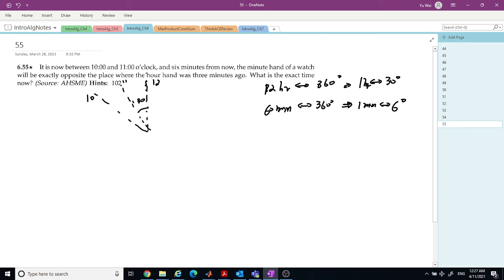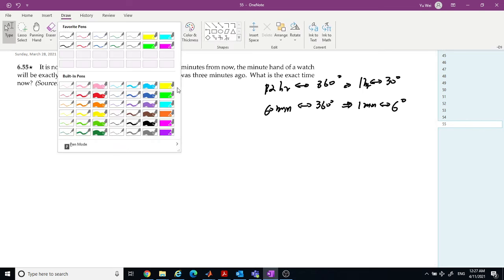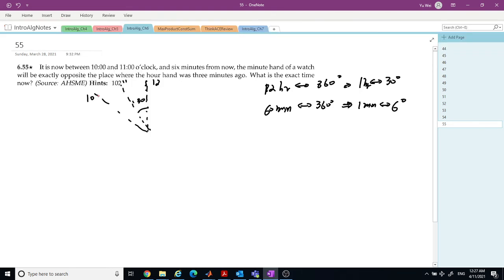Let me use another color to draw something so you can differentiate. Let's use the red one to represent the current time, now.